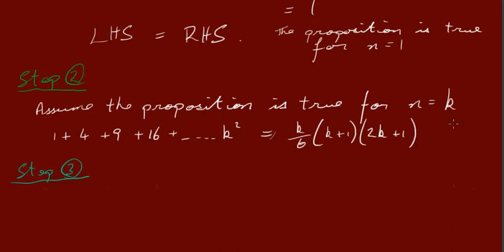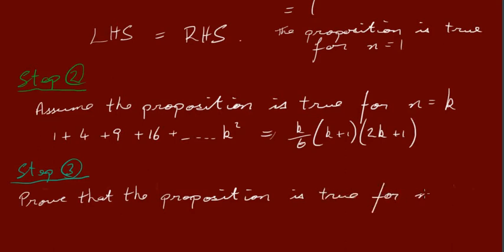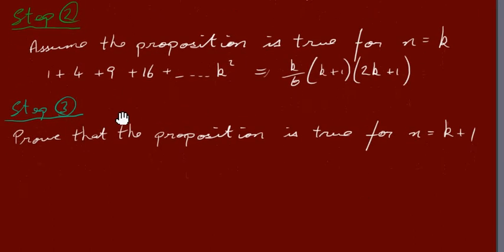Now step 3 is going to be to prove that it's true for the next number up from k, in other words k plus 1. So I'm going to prove that the proposition is true for n is equal to k plus 1. In other words, I'm going to have 1 plus 4 plus 9 and so on up to k squared, plus another k plus 1 squared.